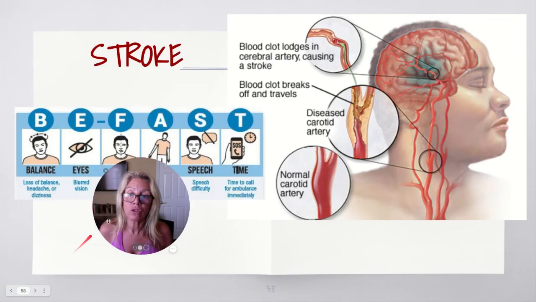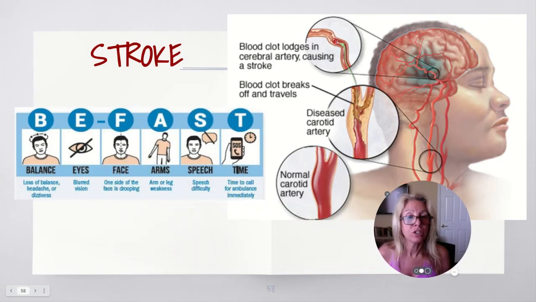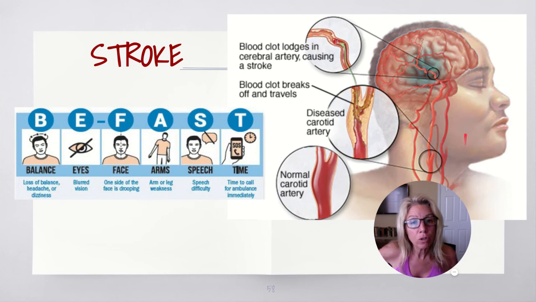Stroke. We've talked about strokes before. That's my dog barking. We've talked about strokes when we talked about the circulatory system. So it's a part of the brain is dying. What are signs of a stroke? It's called BE FAST to help you remember. So somebody who's having a stroke could have issues with balance, headache, dizziness. If this is also accompanied with blurred vision, you need to call right away.